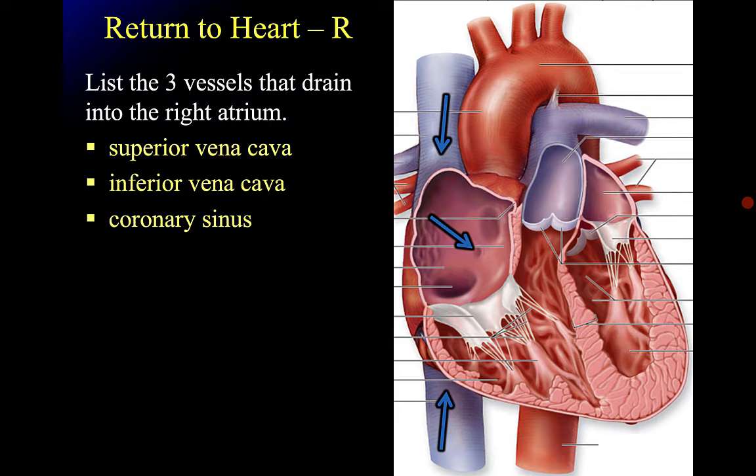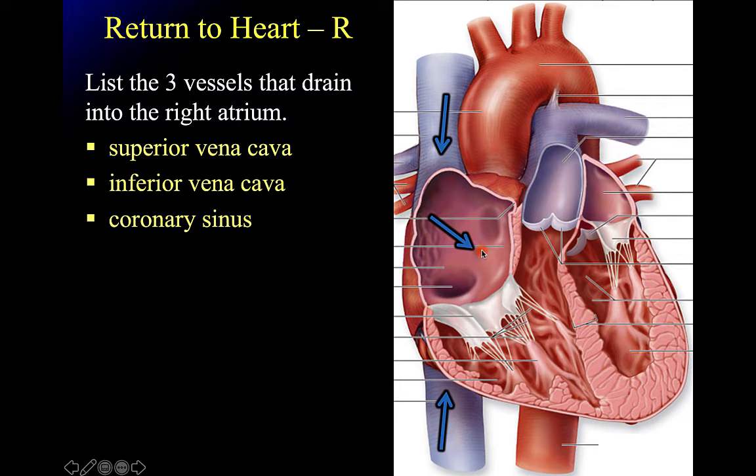So the vessels that drain into the right atrium, that is the end of the line for the systemic circuit, would be the superior vena cava, where vena cava means hollow vein. This is just a kind of a big, gigantic, but thin-walled hose. The inferior vena cava coming from down below, and we actually see very little inferior vena cava in the thoracic cavity because it's coming up through a hole in the diaphragm, and of course the diaphragm is going right across here because the right ventricle lays on that diaphragm.